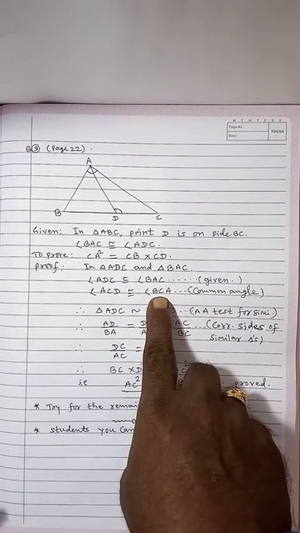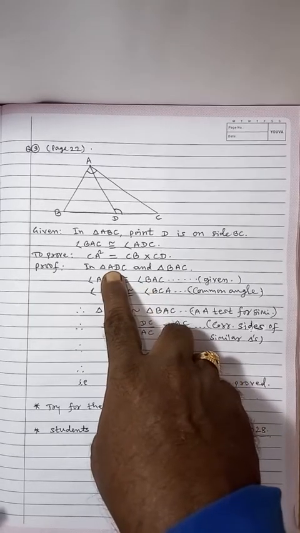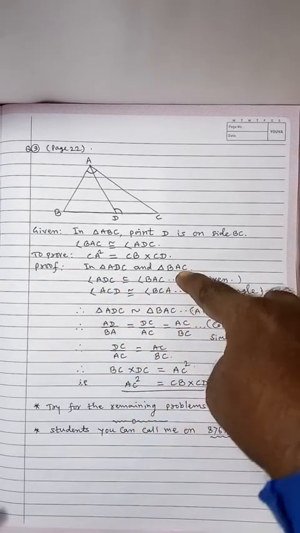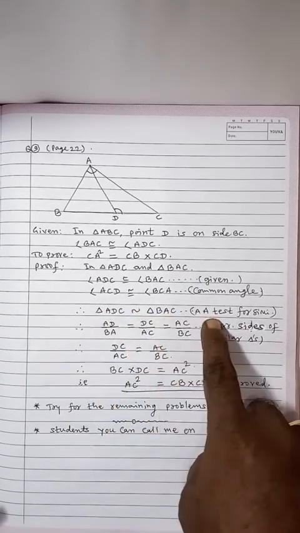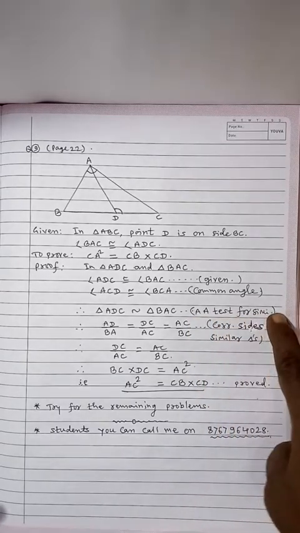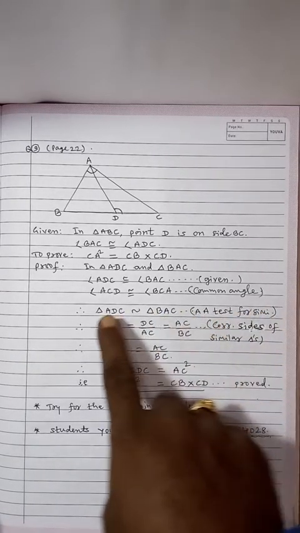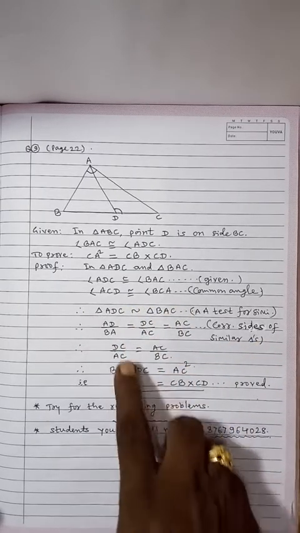Now triangle ADC is similar to triangle BAC. These two triangles are similar because of the angle test for similarity of triangles. As triangles are similar, corresponding sides are in proportion.